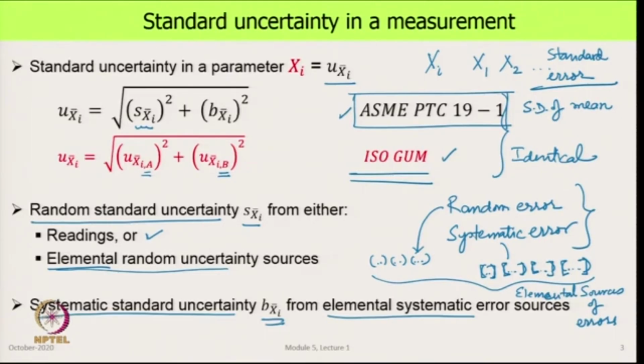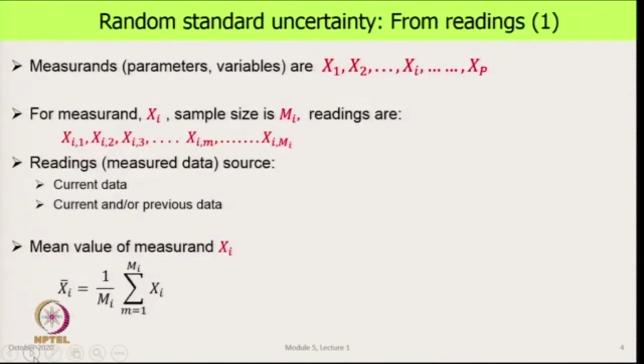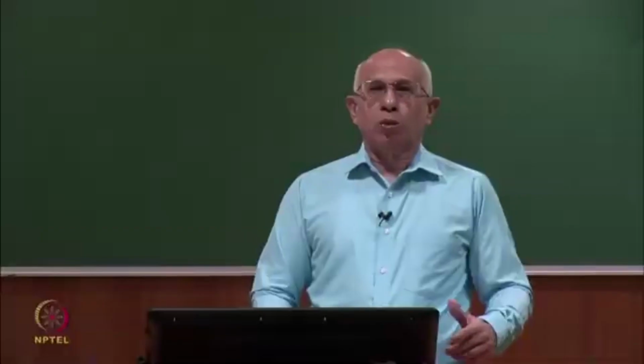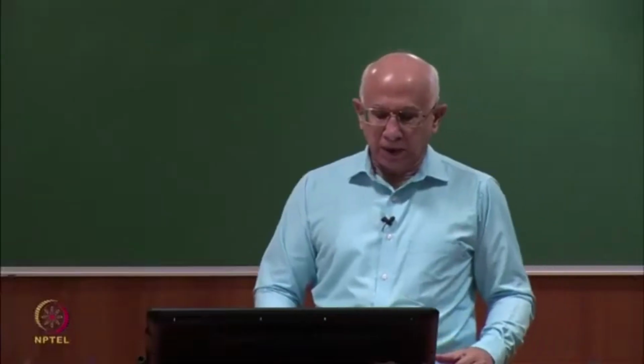Now, we will start by looking at the first thing, which is s x_i bar. So, how do we get the random standard uncertainty from readings? First, we do what we have already talked of many times.